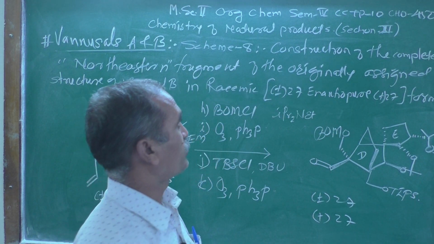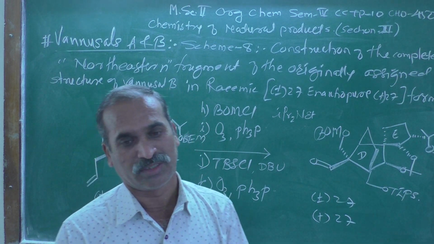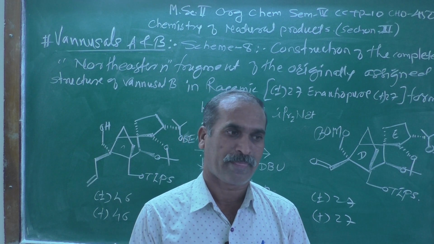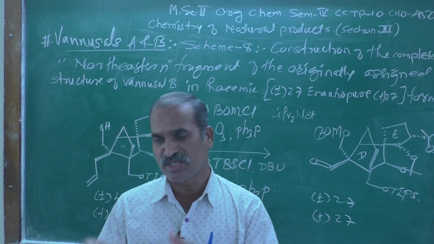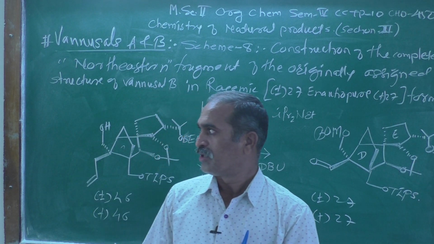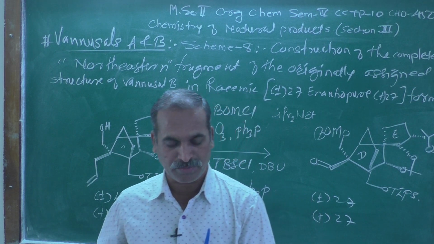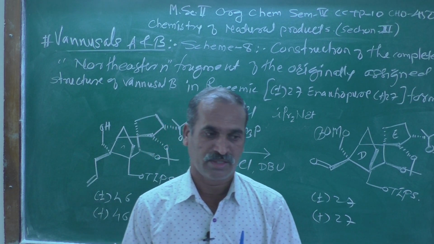So, in the next lecture we will see the details of the different reagents used in scheme number 8, what are their uses at every step of the reaction, that we will see in our next lectures.